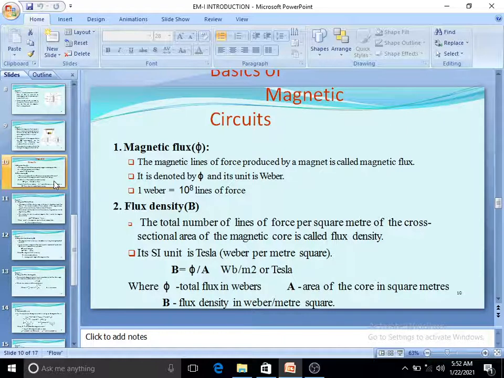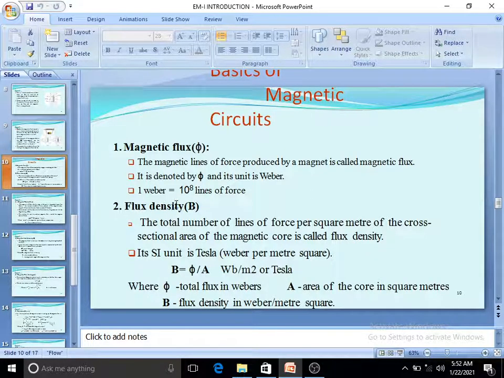The unit of flux is Weber. So 1 Weber is nothing but 10⁸ lines of force.